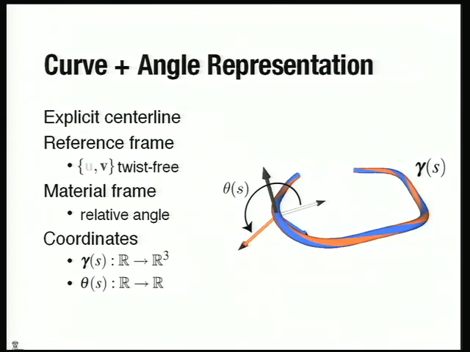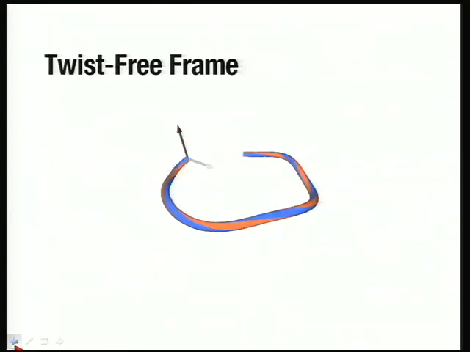So now the interesting part of this is how do we actually construct this twist-free reference frame. So the way this works is we can assign it arbitrarily at one end of the rod, any orientation we choose, and then the requirements that it stay twist-free and adapted to the curve uniquely define it everywhere else, as seen here.